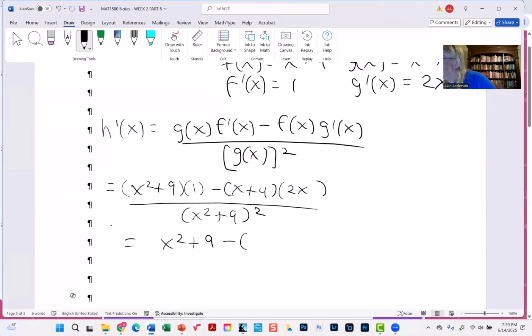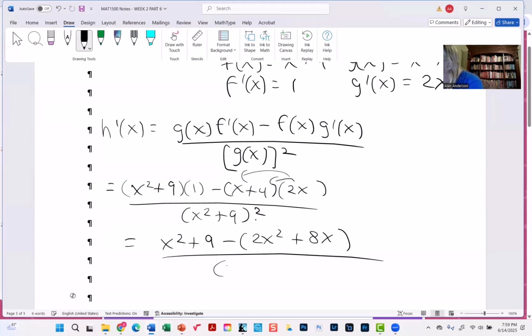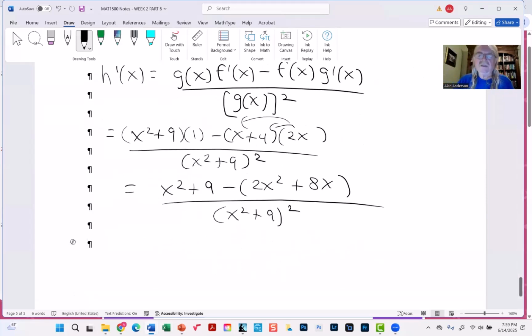So, you know what, let's do this. Again, to avoid mistakes, let's first multiply these out before we apply the negative sign. Because, you know, it's so easy to make sign errors with something like this. All right, now we can drop the parentheses.